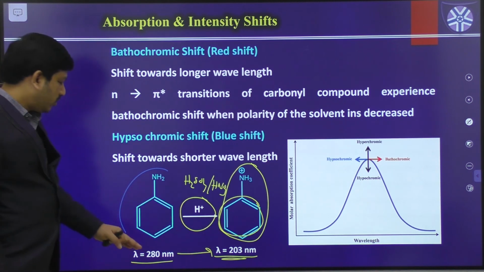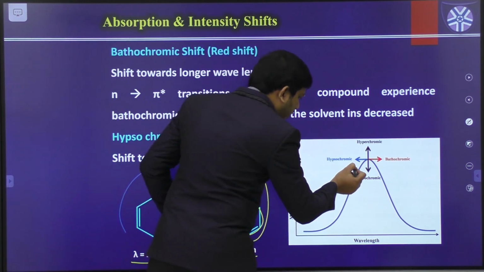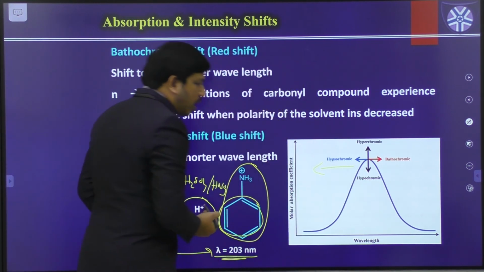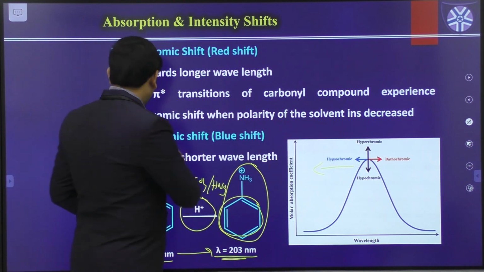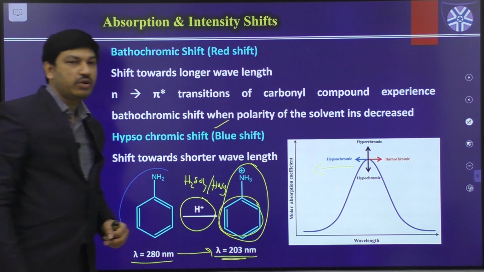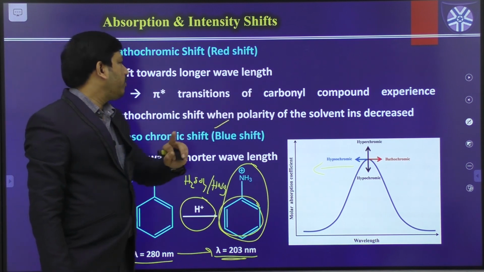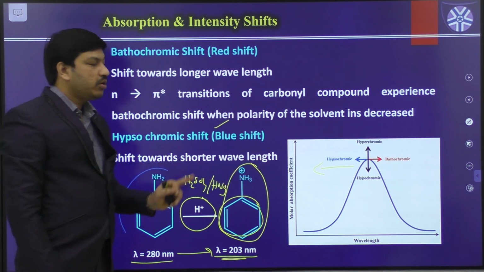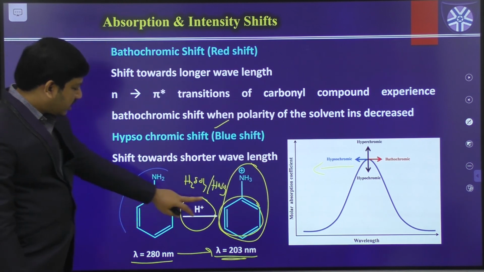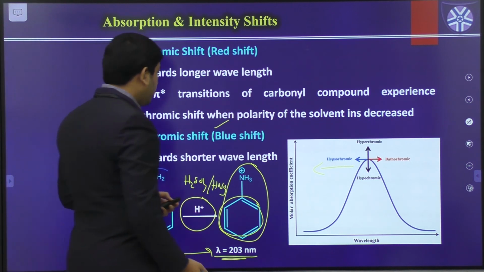The lambda value actually decreased. Lambda value decreased means hypsochromic shift, also known as blue shift. So like this, a shift towards longer wavelength is called bathochromic shift, and a shift towards shorter wavelength is called blue shift. So in this example, there is a blue shift like this. We'll see another example.